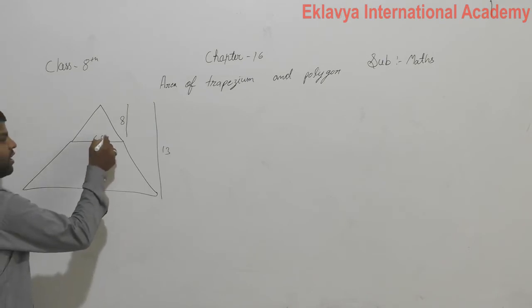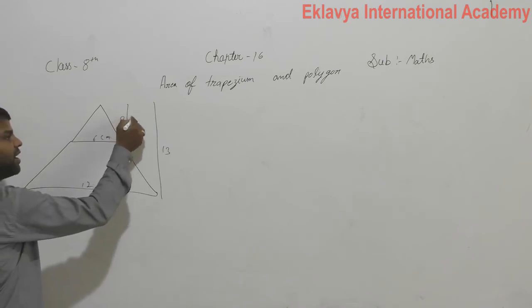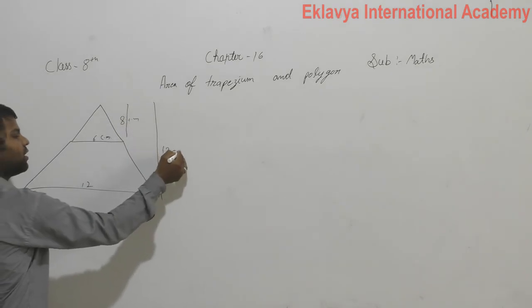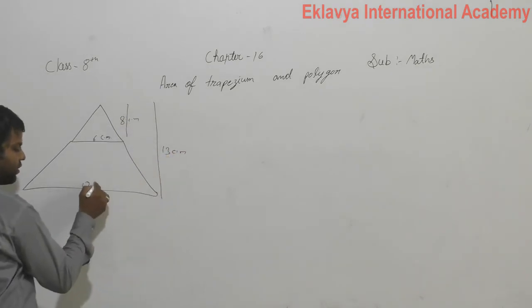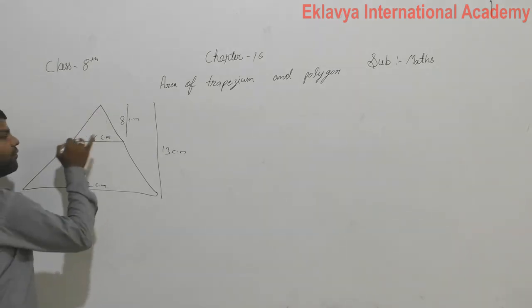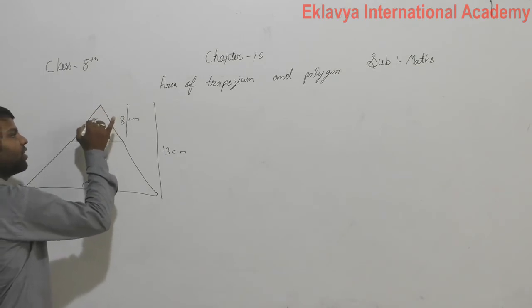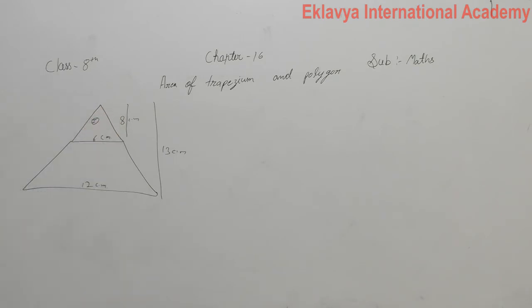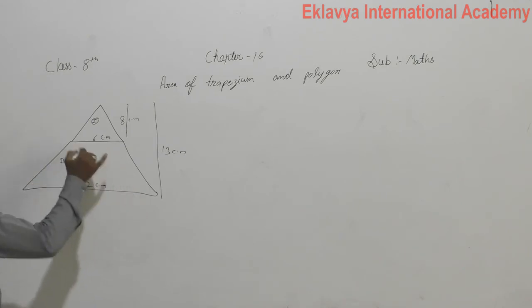Here it is given 6 centimeter, it is 8, total 13, and it is 12 centimeter. If you see this figure, the first part is a triangle, and the second part is a trapezium.